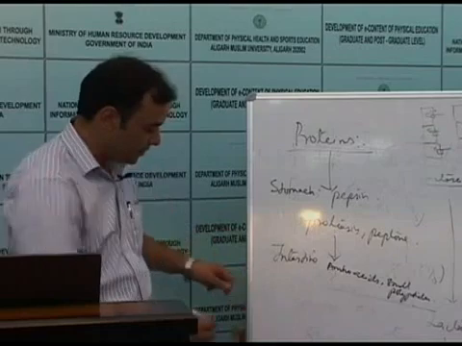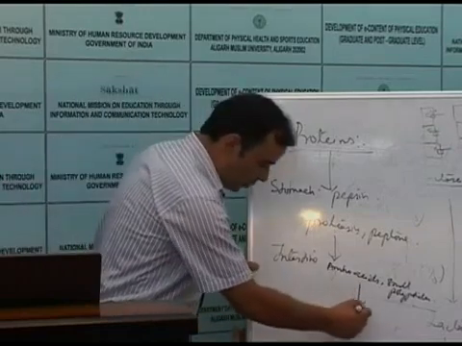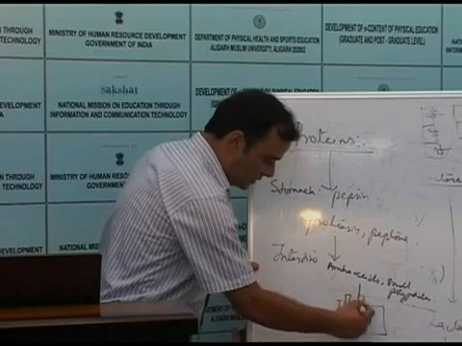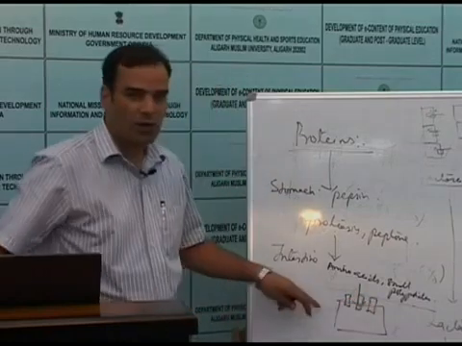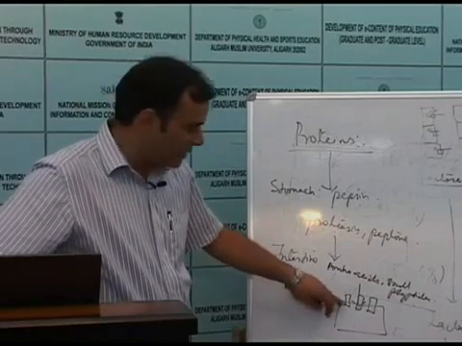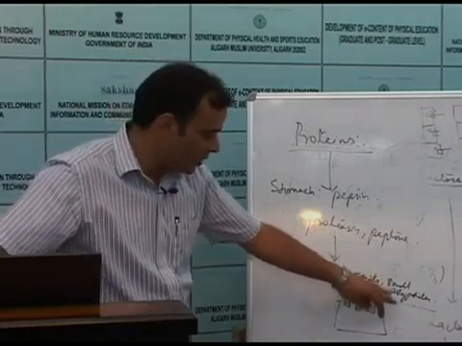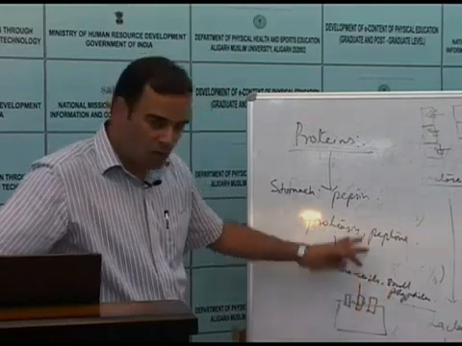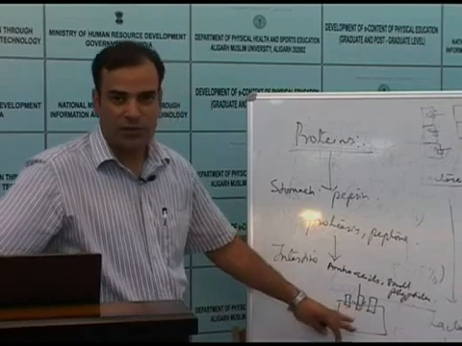After this step, when the amino acids and polypeptides are being absorbed into the enterocytes, on the apical border of the enterocytes are present many peptidases that act upon these small polypeptides or dipeptides and finally convert the whole of the proteins into amino acids.